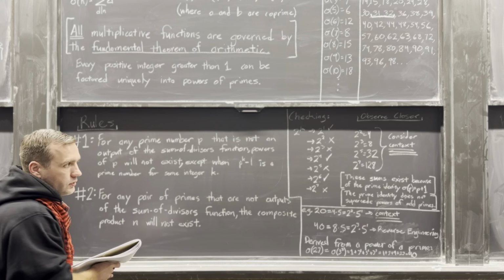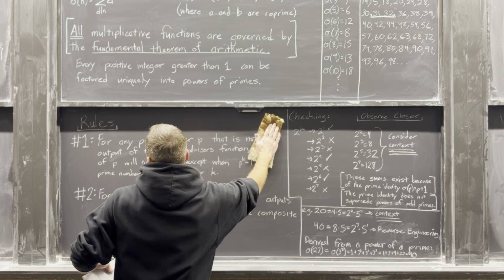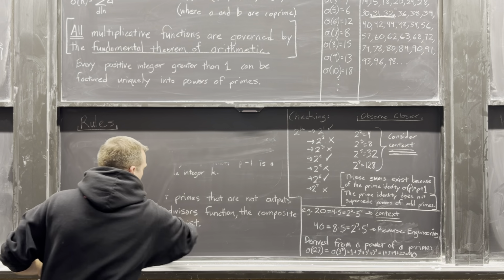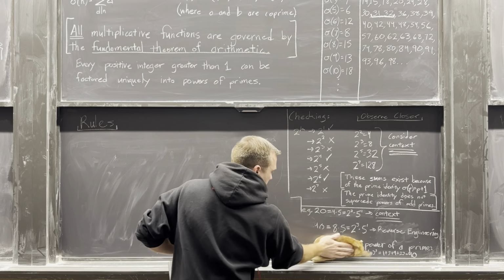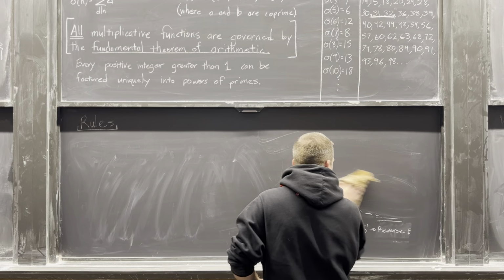So those are the two rules that govern elements within the Sum-of-Divisors function that do not exist.